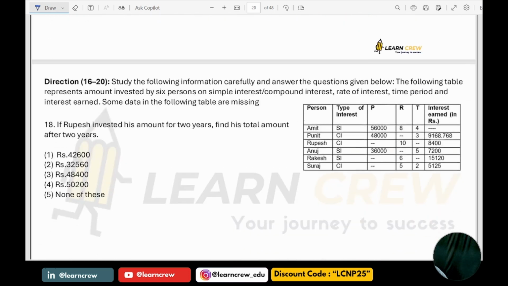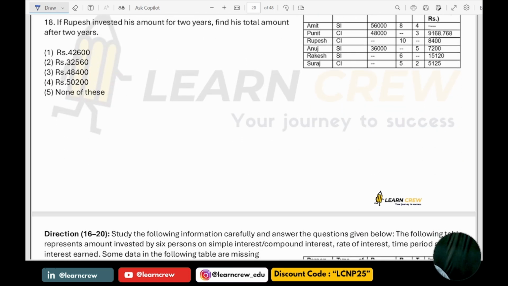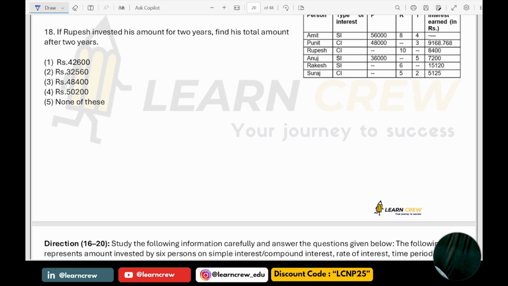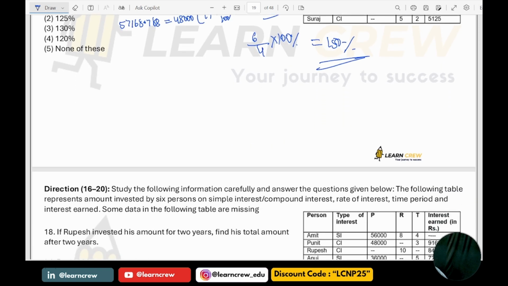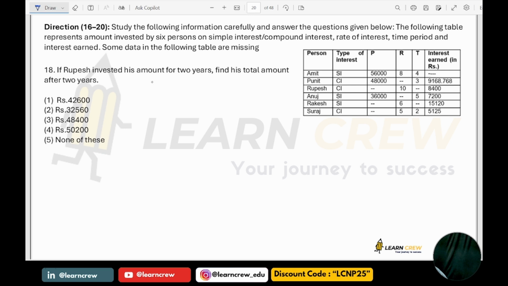Now next question. If Rupesh invested his amount for 2 years, find his total amount after 2 years. Rupesh invested in compound interest. So question number 18, please see, for 2 years.